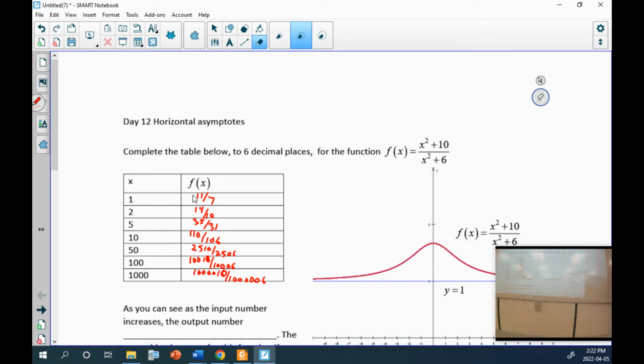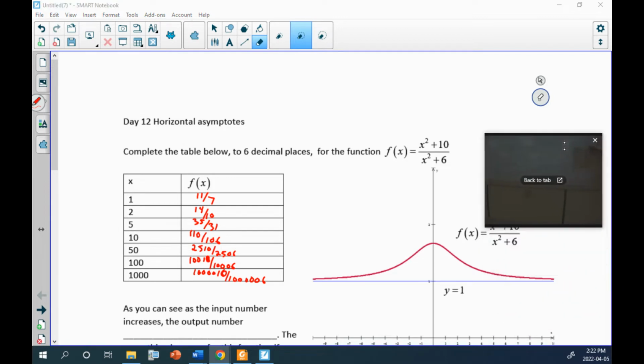What is that approximately? What's 1,000,000 divided by 1,000,000? 1. So it would be approximately 1.